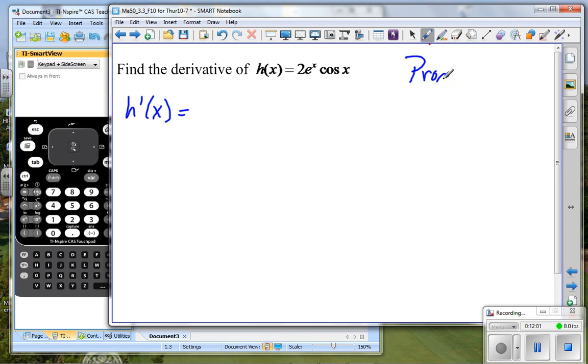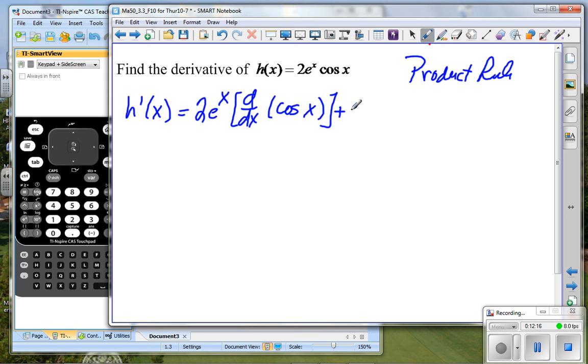Again, it's a product. We need the product rule. You're going to show me all the derivatives. So I have the first factor times the derivative with respect to x of the second factor, plus, because we are multiplying, the second factor times the derivative with respect to x of the first factor.